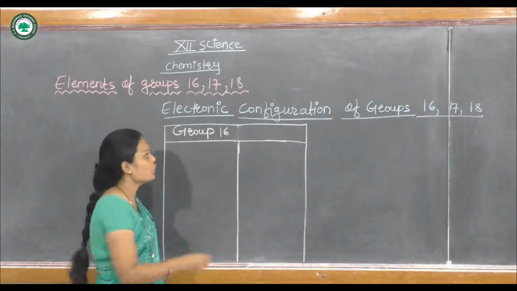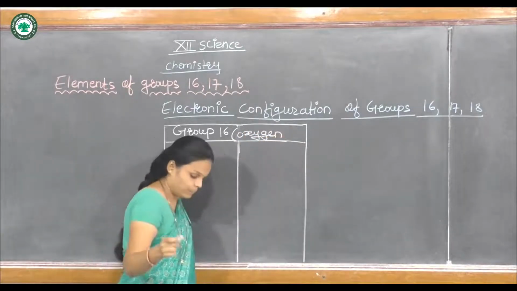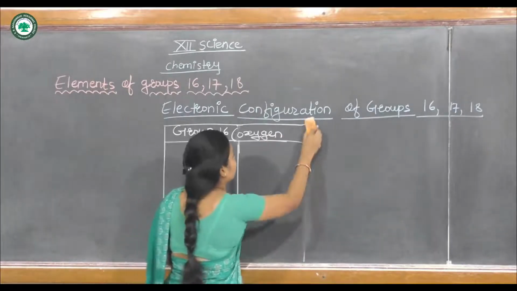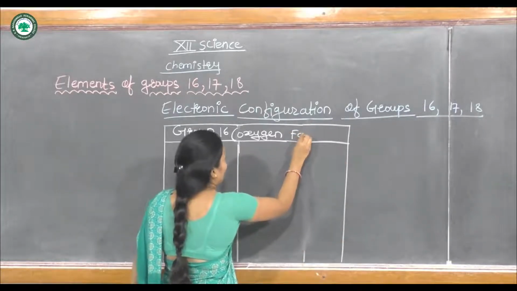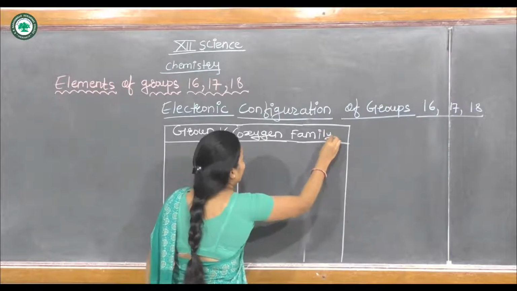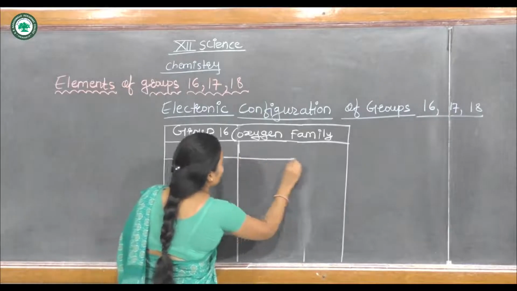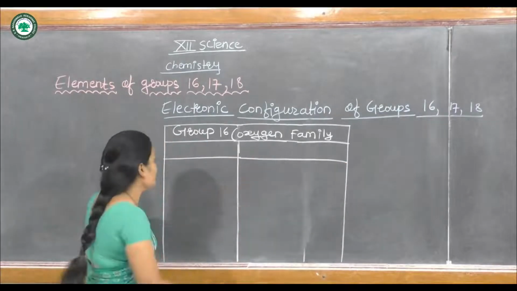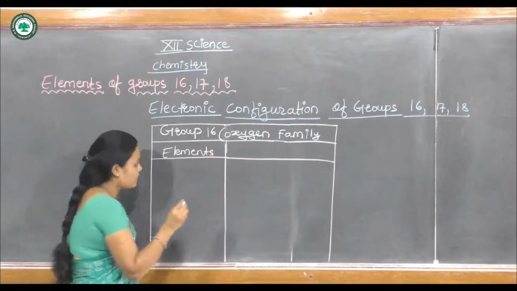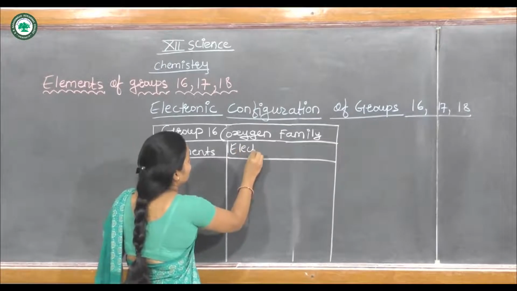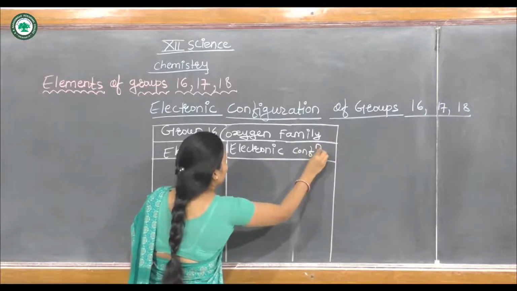Group 16 is also named the oxygen family. Here are the element names and here are the electronic configurations.